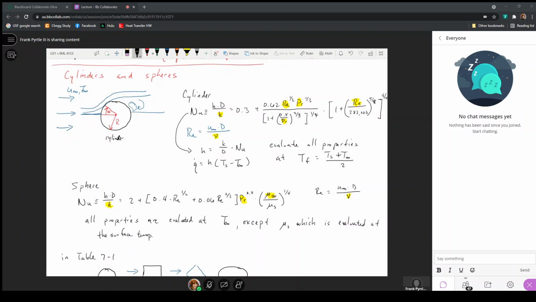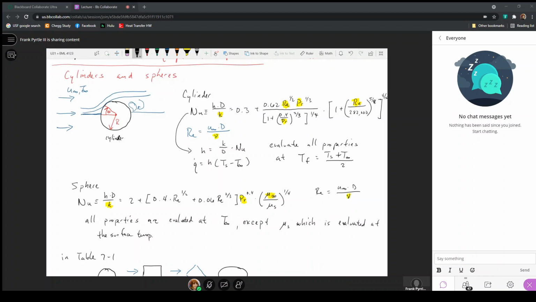Now, when we're dealing with a sphere, this expression for the Nusselt number involves, again, the Reynolds number, the Prandtl number, but also specifically the dynamic viscosity evaluated at the free stream temperature and the dynamic viscosity evaluated at the surface temperature. For this correlation for flow over a sphere, the properties are not evaluated at the film temperature. All the properties are evaluated at the free stream temperature, except for mu sub s, which is evaluated at the surface temperature.